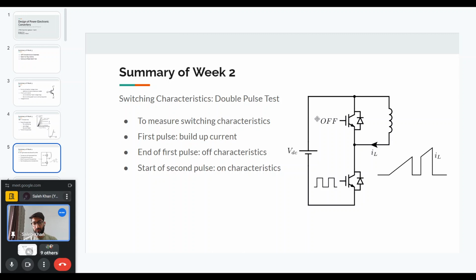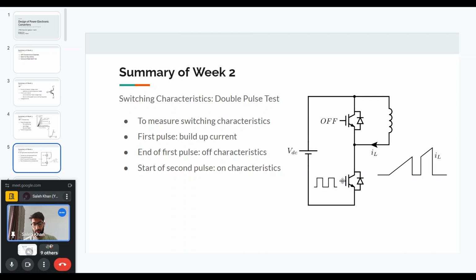You can either connect the gate to the emitter, or you can provide a negative voltage to the gate with respect to the emitter. Then the top device will be off, so only the diode of the top device can conduct. Then you provide one pulse first to the bottom device. So the bottom IGBT, one gate pulse is provided.